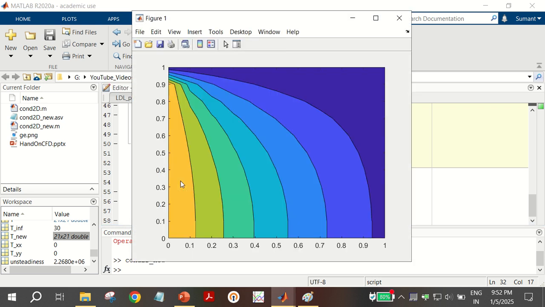Yeah, so this is how you can expect. So these are the temperature values. You can plot the legend and all those things, but you can see here it is at 100. TW was at 100, and you are getting an insulated boundary condition. That is why you are getting constant lines, straight lines here.